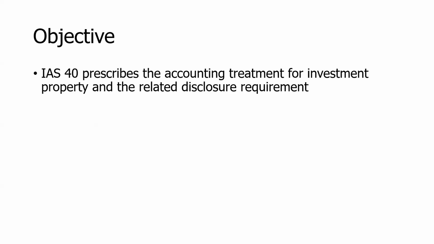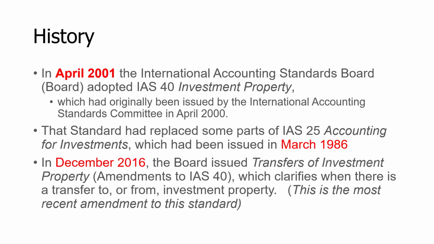IAS 40 prescribes the accounting treatment for investment property and its related disclosures. So that's the purpose of IAS 40. So what is investment property? We'll look at it very soon, but let's look at some historical developments. The IAS was adopted in 2001.